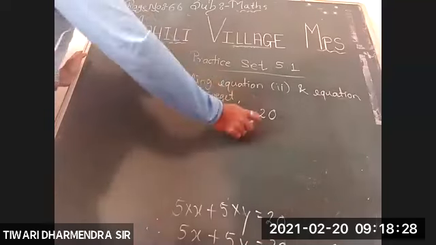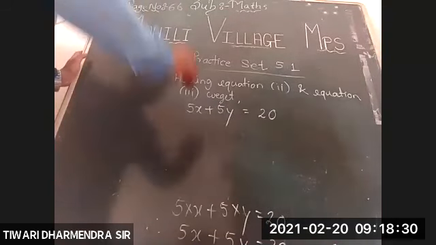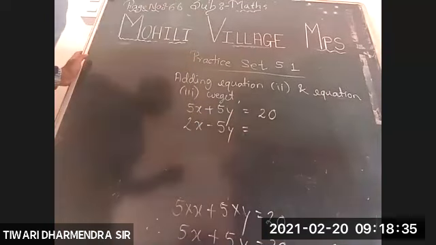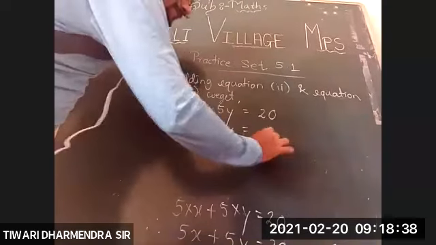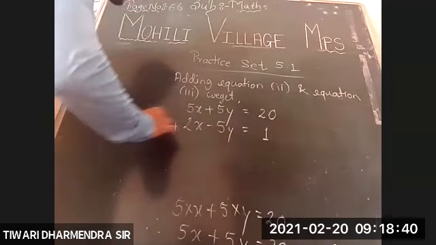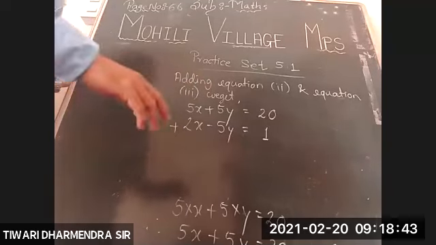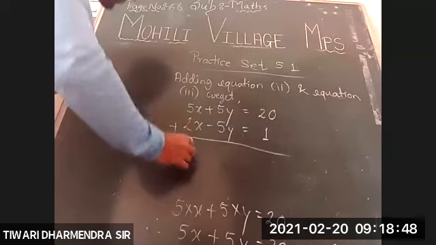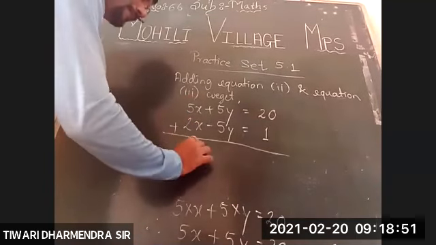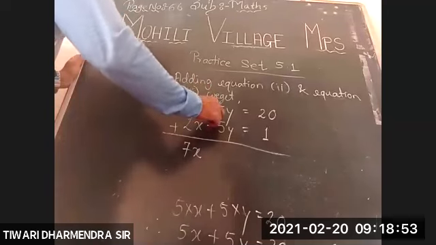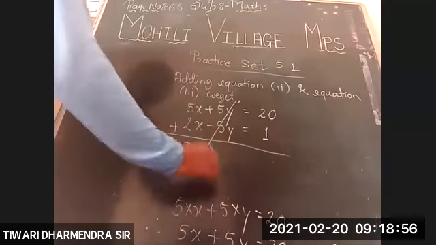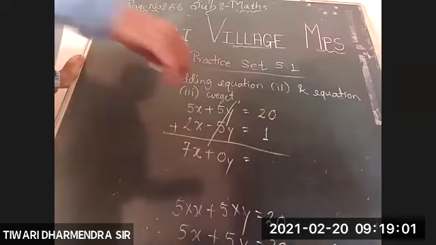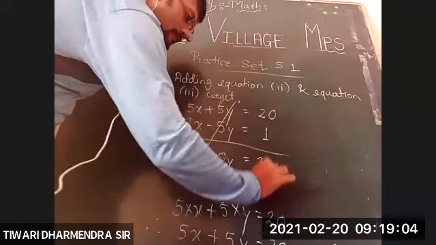And this was equation number 3. Equation number 2 is 2x minus 5y is equal to 1. Just add them. If we add, the sign remains same. No changes. Just add them. 5 plus 2 is 7. Along with them, we are having x. 5y minus 5y gets cancelled. So plus 0y is equal to 20 plus 1 is 21.